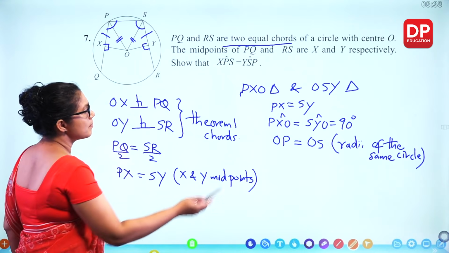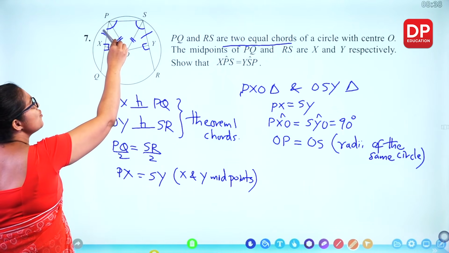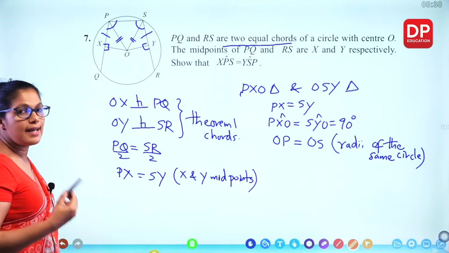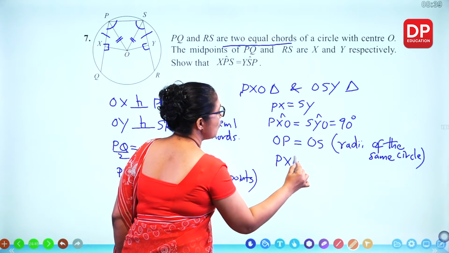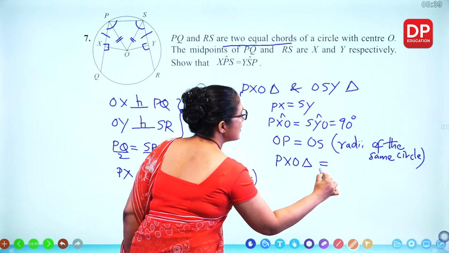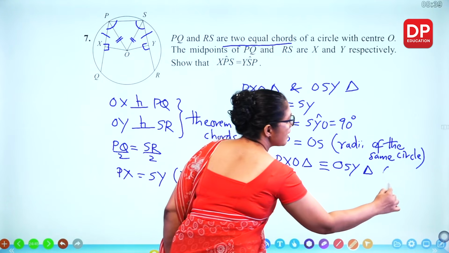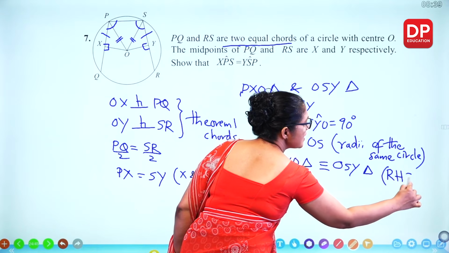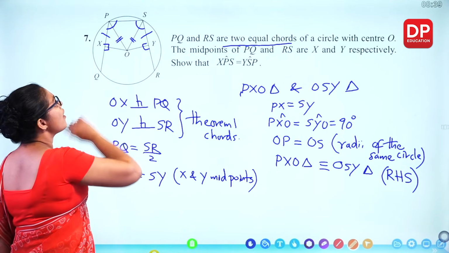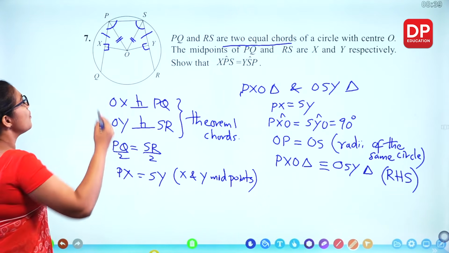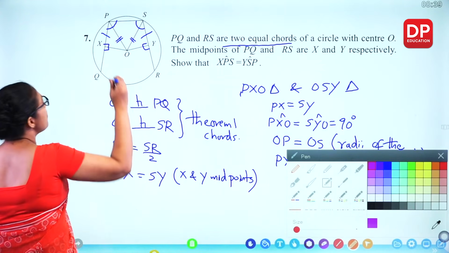So here, this is a right angle triangle and hypotenuse are equal and one length is equal. So these two are congruent. What's the case? We can say in a right angle triangle, hypotenuse and side, RHS. So these two are congruent, means we can straight away write down the corresponding elements.